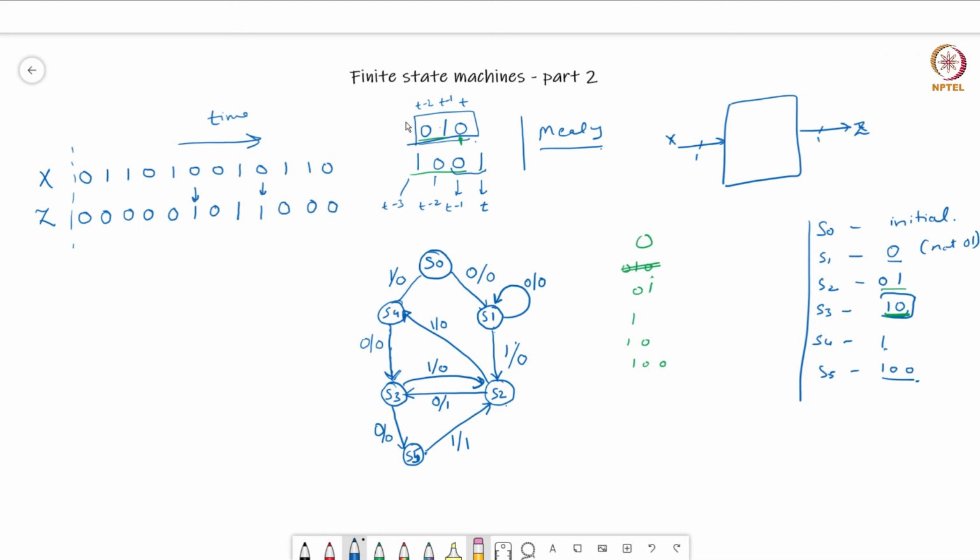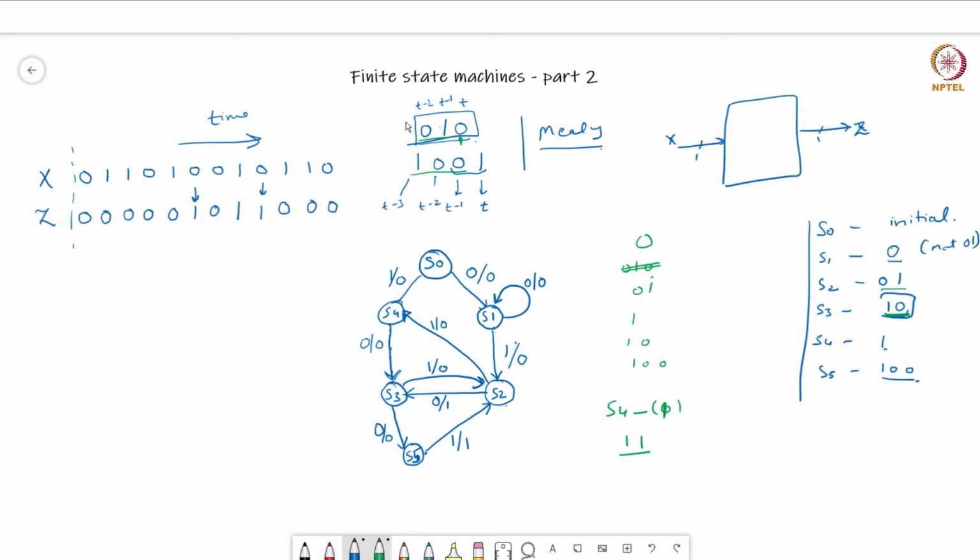Now let's look at S4. At S4 we know what would be the state if the input is 0. Now what would be the state if the input is 1? If input is 1, the pattern would be 1 1.